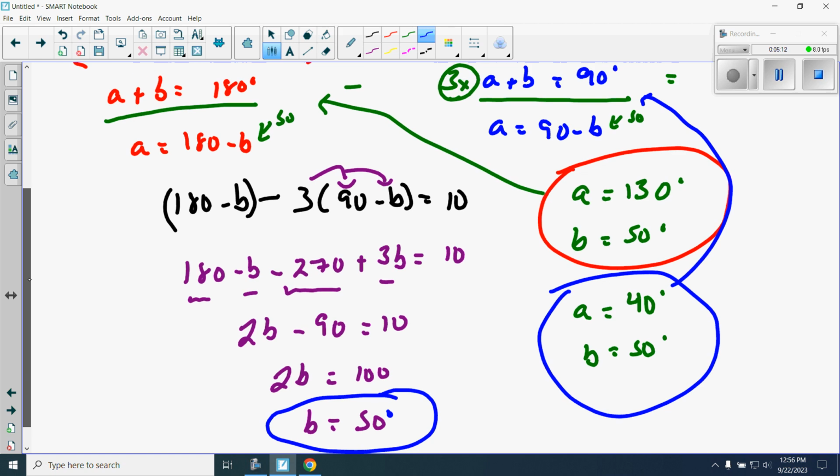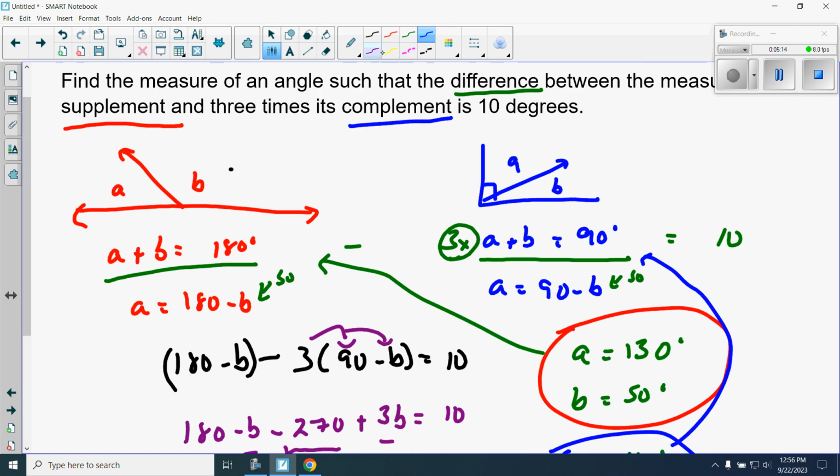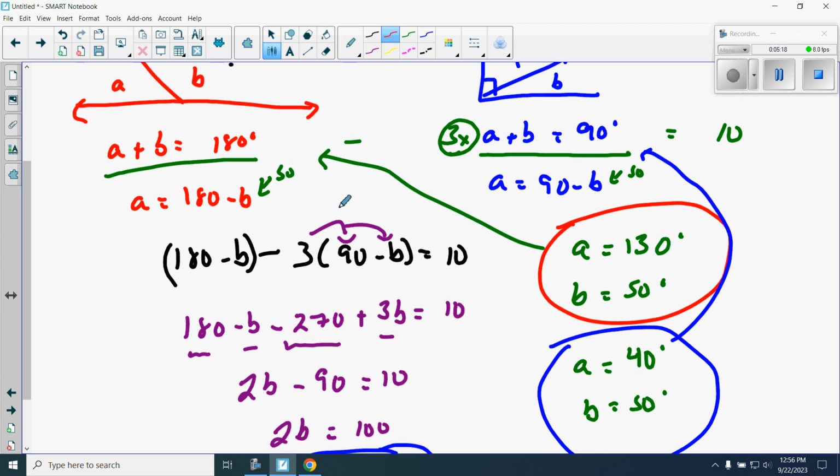What I've done over here is actually check. So when I get to this point, if that is 50, we subtract it from 3 times its supplement. This would be 130.